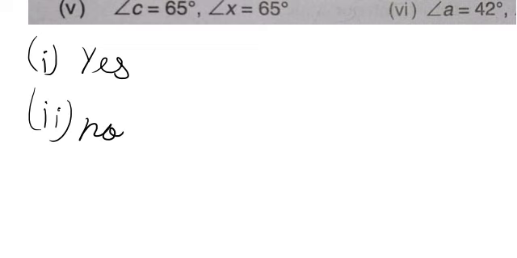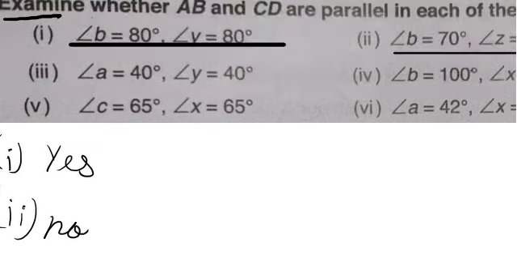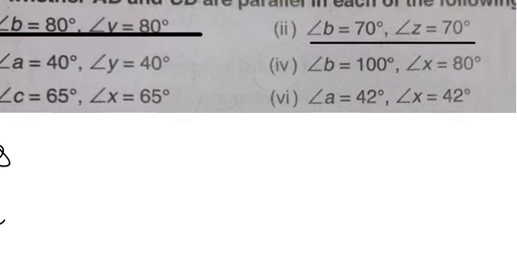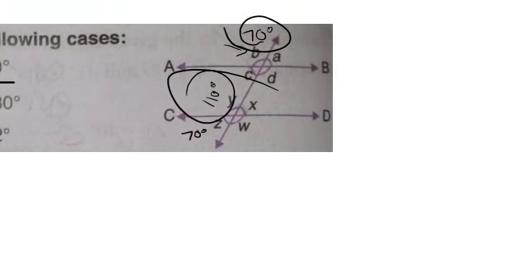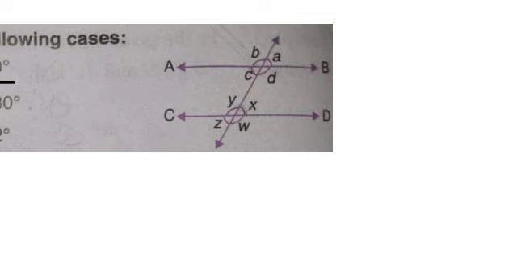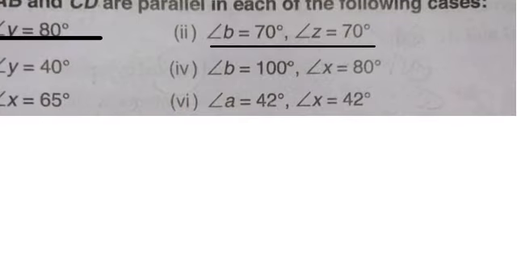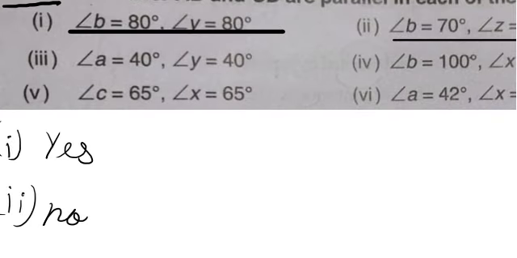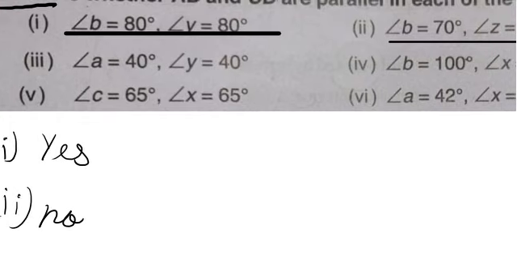Then next up, what do we have? Angle A equals 40 degrees and angle Y equals 40 degrees as well. If you go up here, you can see A and Y are which type of angles? This is A and this is Y. They are alternate angles. A is 40 degrees and Y is 40 degrees as well.